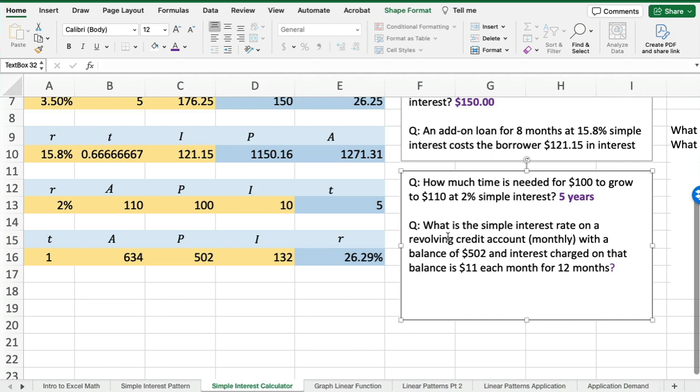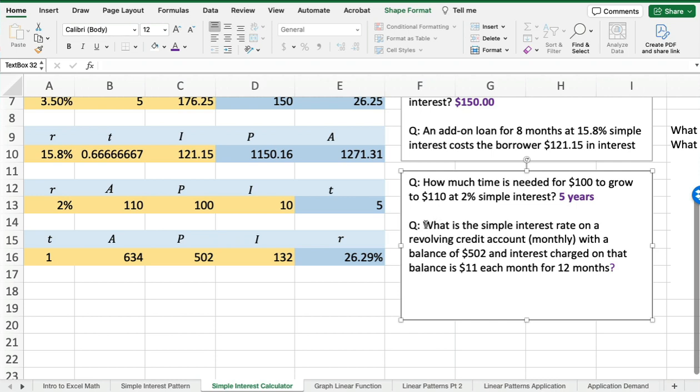Okay, last question. What is the simple interest rate on a revolving credit account, so this is a monthly account, and the monthly balance is $502, so we can assume that the principal is $502, and the amount of interest charged on that balance is $11 each month for a period of 12 months.